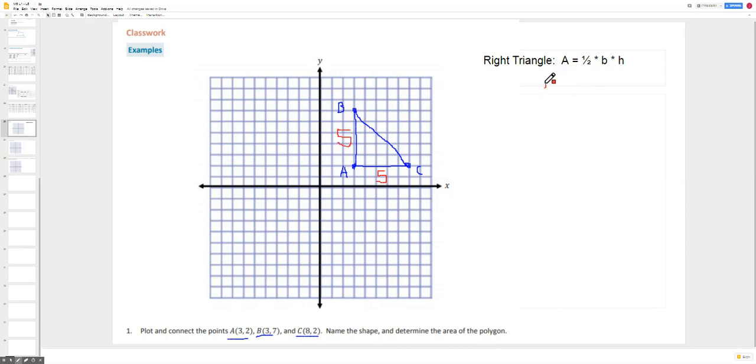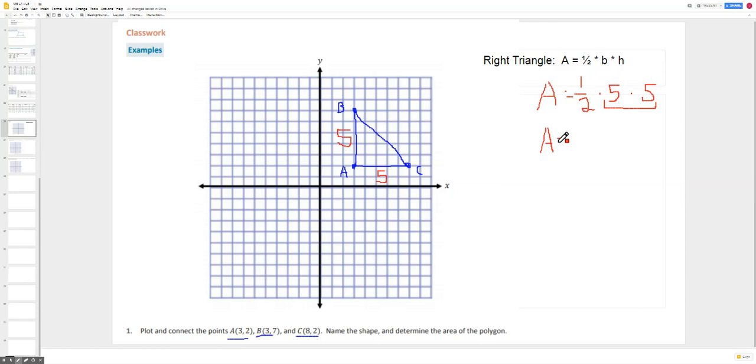So let's go ahead and go through the math. The area is equal to 1/2 multiplied by the base, which is 5 units, and the height is 5 units. Like before, I leave out the units until the very end, and then I'll put them into the final answer as units squared. Now I go through the multiplication. Well, there's not a nice half of 5, so I'm going to multiply the two 5s together.